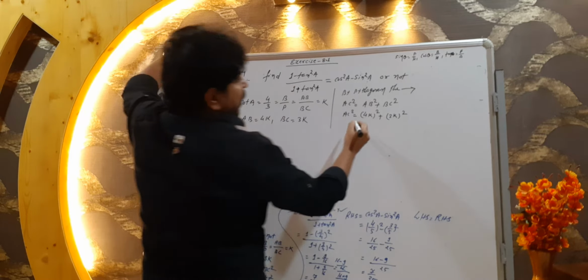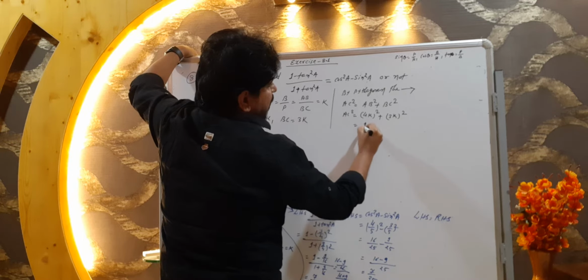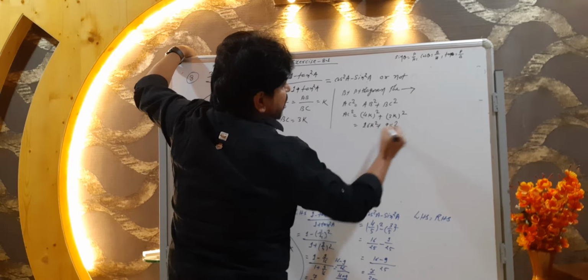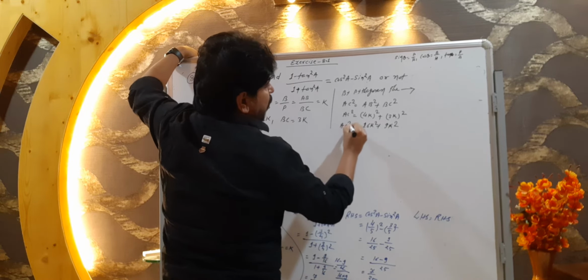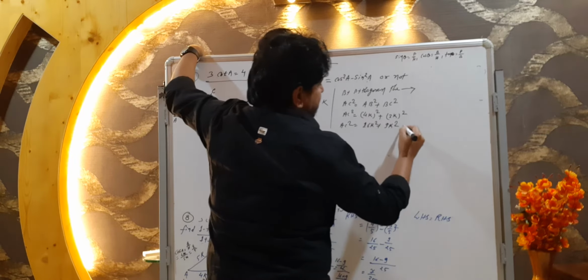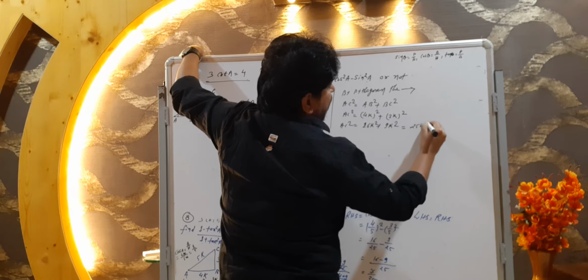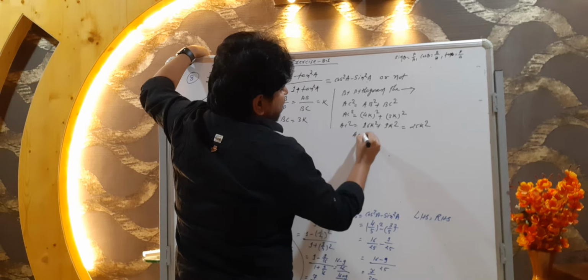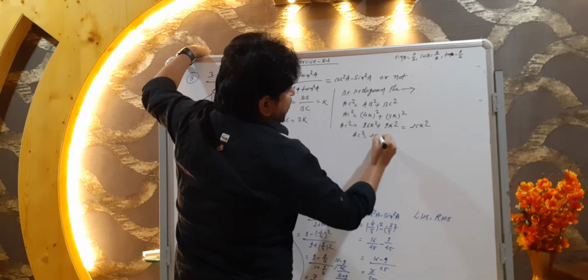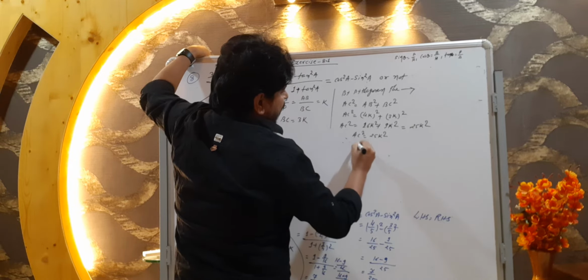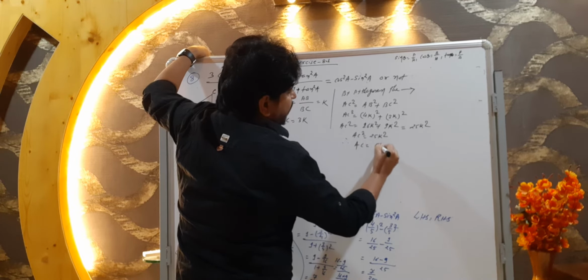Okay guys. Now 4k whole square means 16k square plus 9k square. If you add 16 and 9, what will we get? 25k square. Means AC square is equal to 25k square. Therefore AC is equal to 5k.